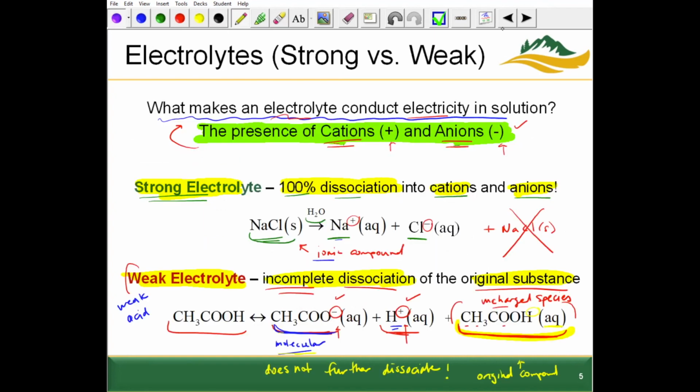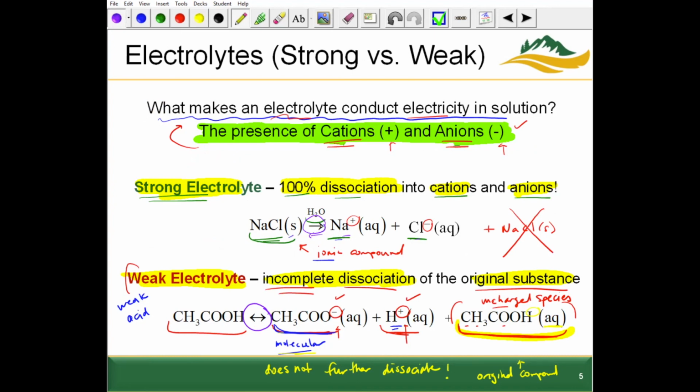One thing I wanted to point out on this slide is this double-headed arrow here, and then notice for our ionic compound that's a strong electrolyte, it's a single-headed arrow. This means that NaCl will dissociate into Na plus and Cl minus ions, and it won't typically go the backwards direction where these ions will then reform the solid.